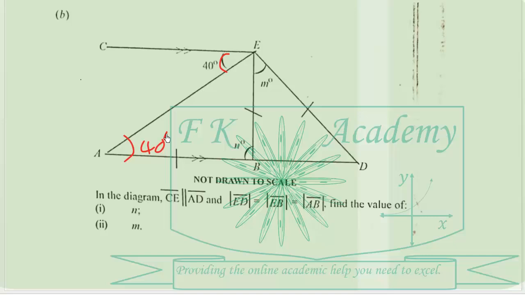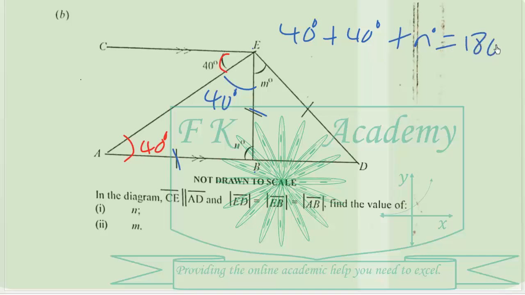So if this is 40 degrees, then the angle here will also be 40 degrees because these lines are equal. So we have 40 degrees using triangle EAB. 40 degrees plus 40 degrees plus N degrees will be equal to 180 degrees.